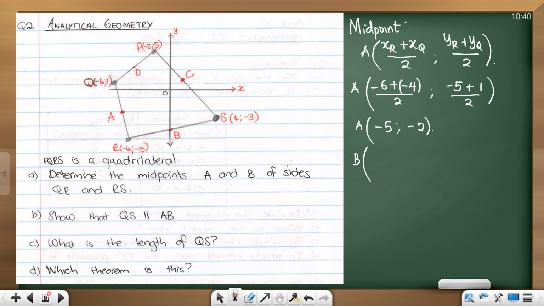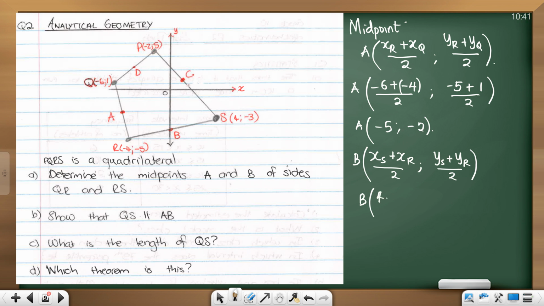Okay, what about B? I prefer to write the letters. Use the letters to guide yourself. It's X of S plus X of R over 2, Y of S plus Y of R over 2. There you will not be confused. What is the X of S? Talk to me. X value of S, 4.